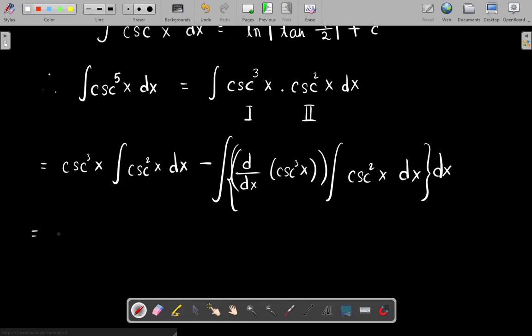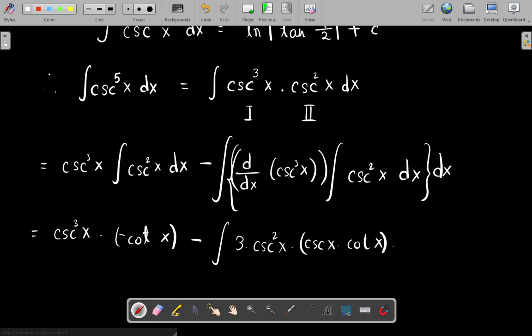So now we have cosec cube x times minus cot x, minus the d/dx of cosec cube x. This will be 3 times cosec square x, then d/dx of cosec x is cosec x cot x, and then again the integration of cosec square x is again minus cot x.